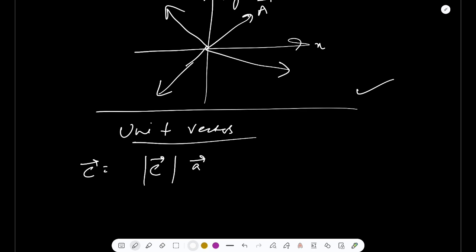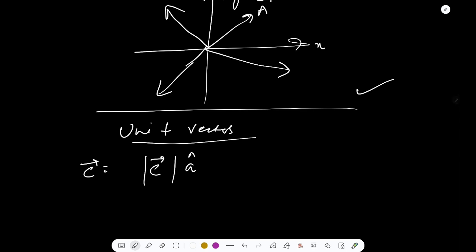So they write it as the product of its magnitude and a vector of unit magnitude having the direction of the corresponding vector. And this vector A is called a unit vector, and it is usually not written like this, but it is written with a cap.